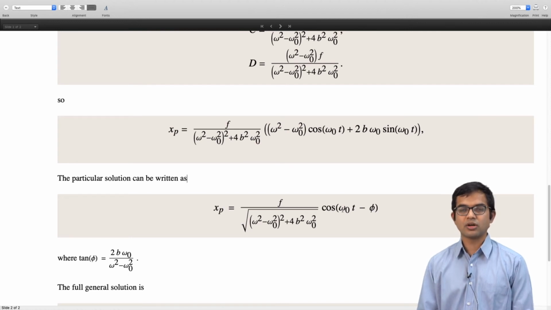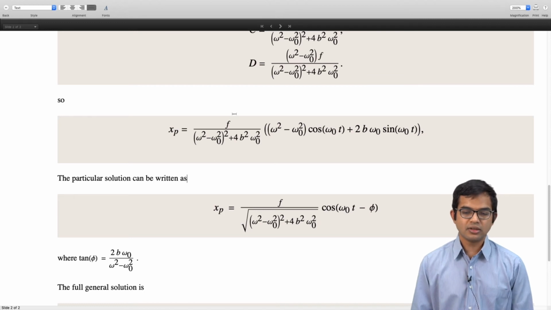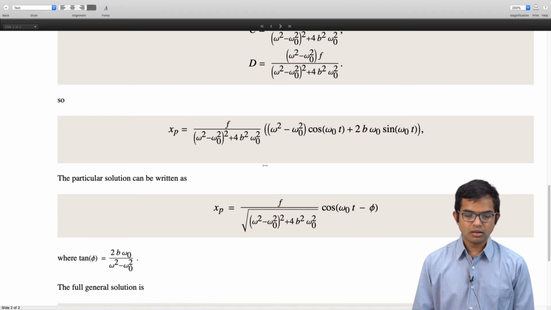That's cosine of omega naught t minus phi, and then you have to arrange these terms in such a way that you figure out what phi is.